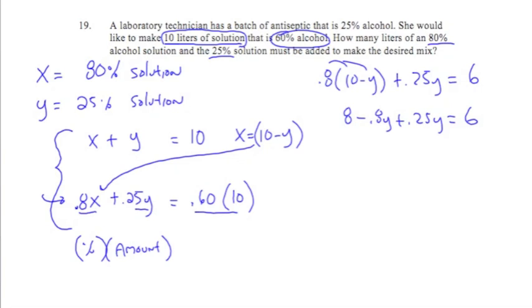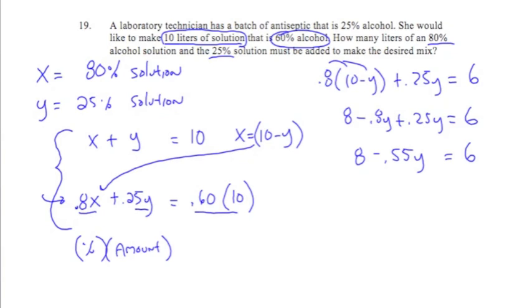If I combine negative 0.8y with 0.25y, I get negative 0.55y, and that was negative because the 0.8 was negative, which is a larger number.